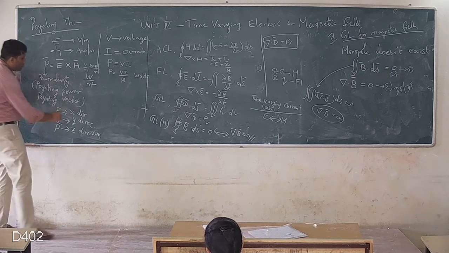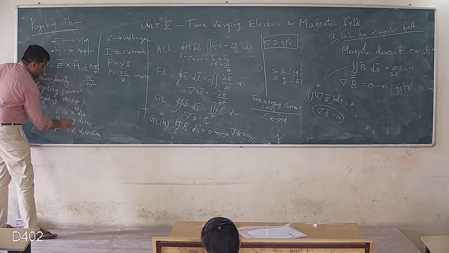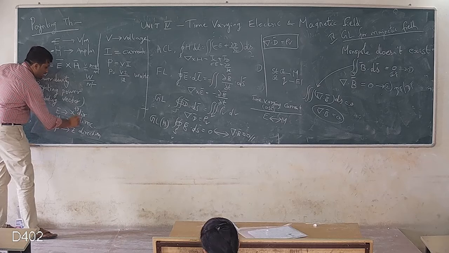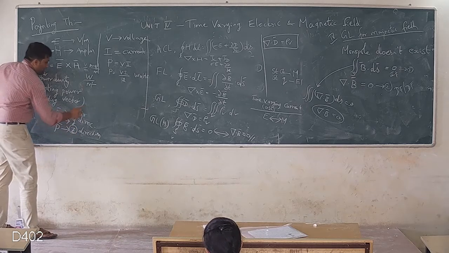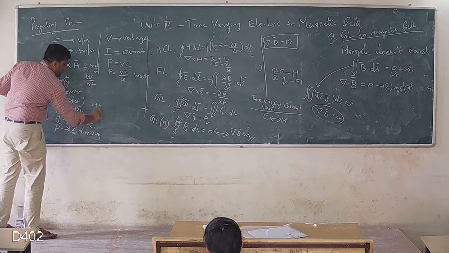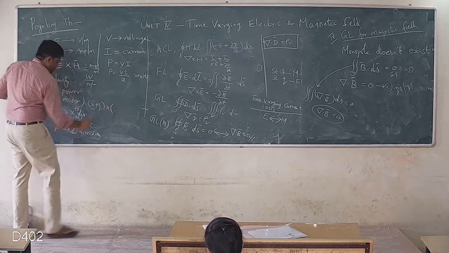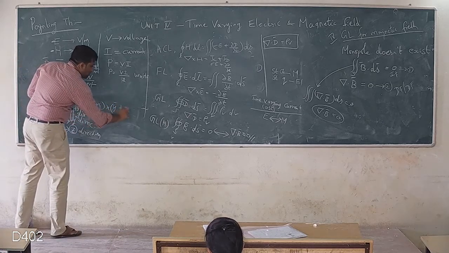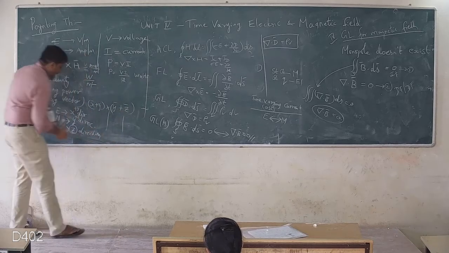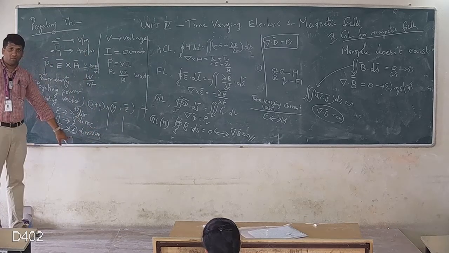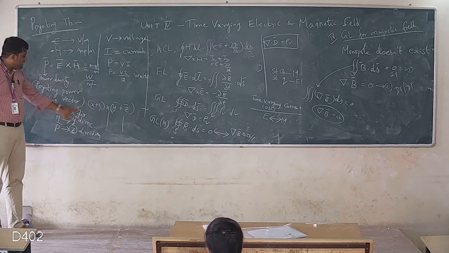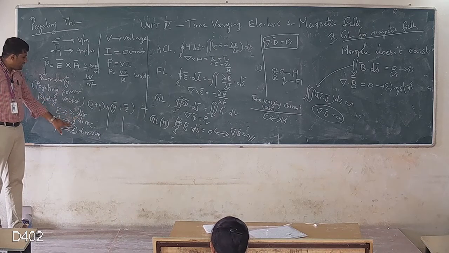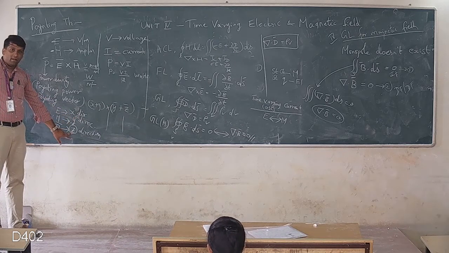It need not be the same. If E is in both x and y, and H is in y and z, then by crossing the x vector plus y vector with the y vector plus z vector using determinants, I can evaluate the P vector direction. If it is a single direction, x direction and y direction, I can get the power in z direction.